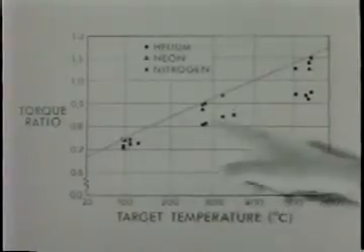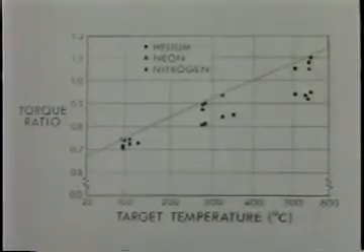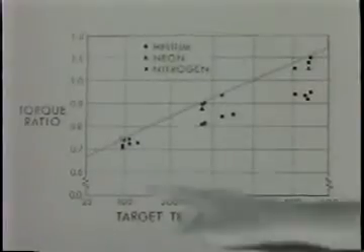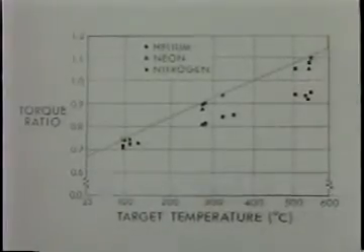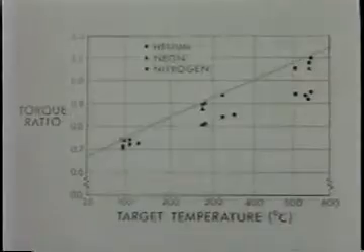But neither helium nor neon lie along that curve, although nitrogen does. Thus, we don't observe complete normal momentum accommodation in some cases.